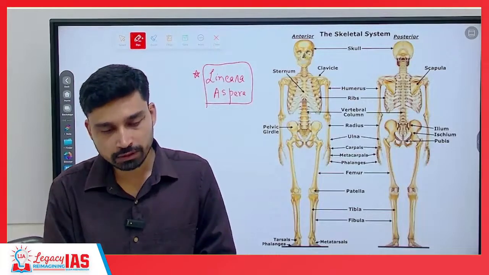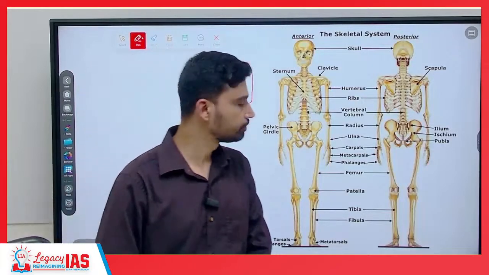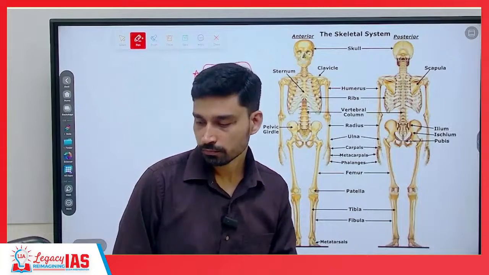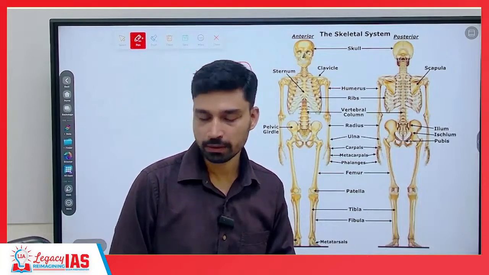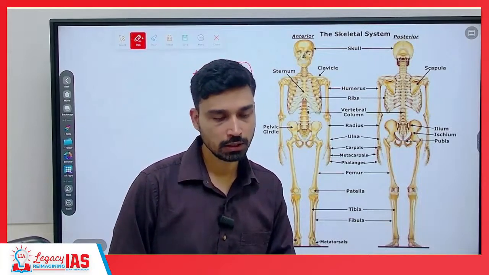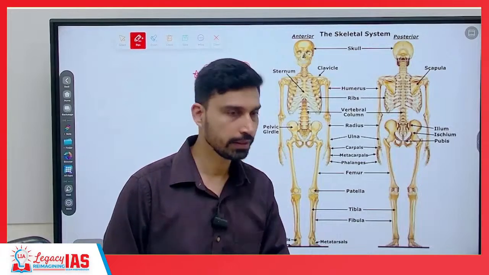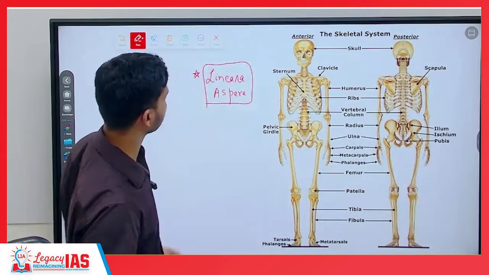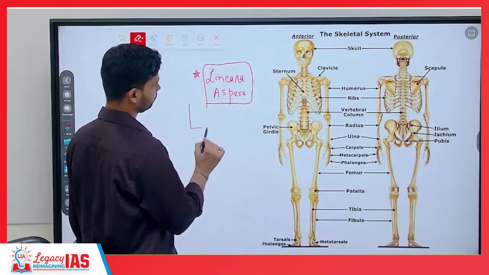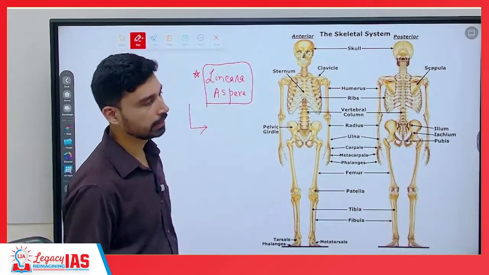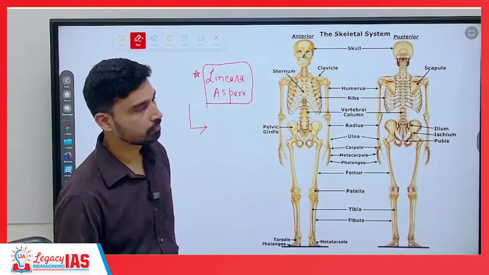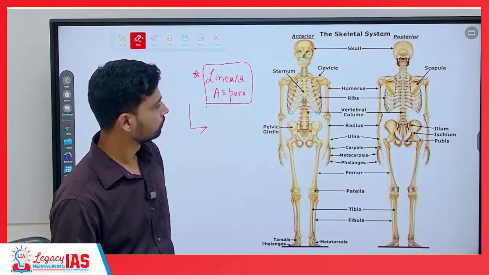It is more developed in man than apes. Again, the same logic: because of erect posture and bipedal locomotion.